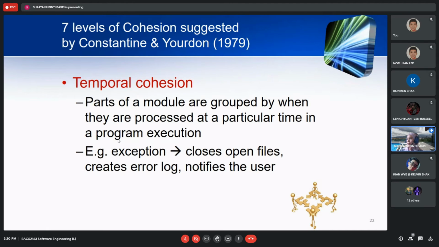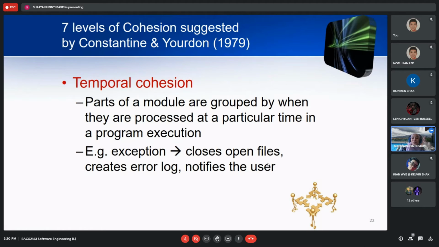For example, here: close open files, create error log, and notify user. So let's say all of these back-end processes happen when you execute one function inside your system, because they are executed concurrently. For example, you click the save button, and all of these back-end processes happen when you click that button.